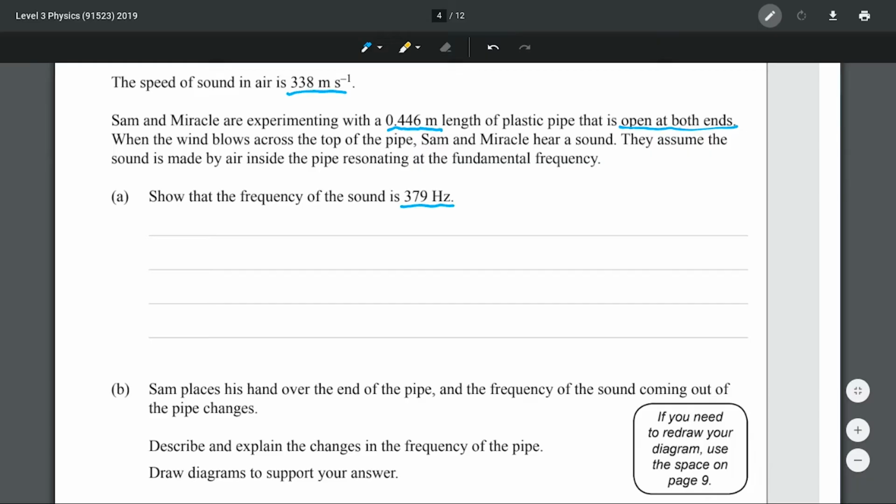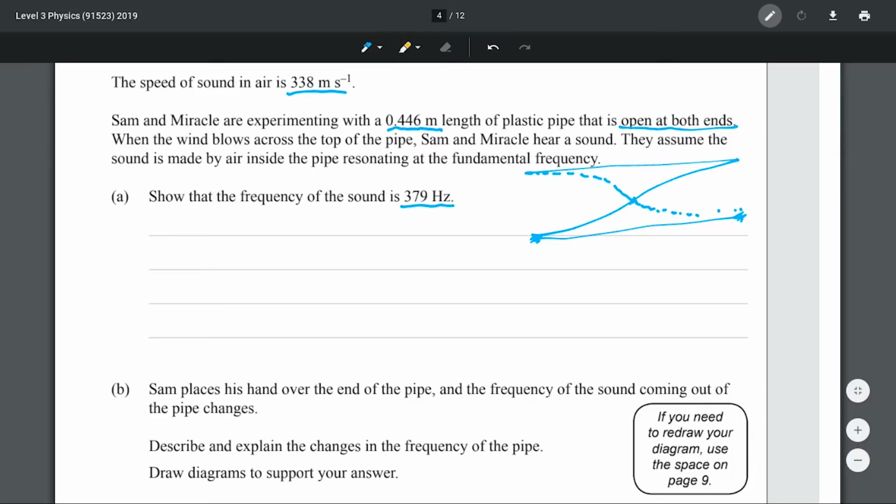So let's first draw what the fundamental frequency looks like in an open-end pipe. As we can see, we have an antinode at both of these ends and a node right in the middle.